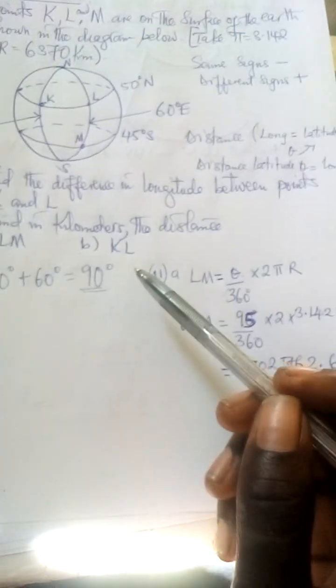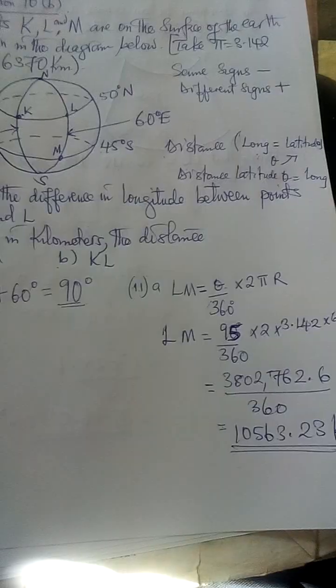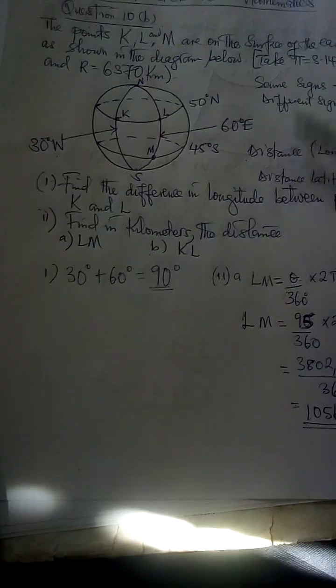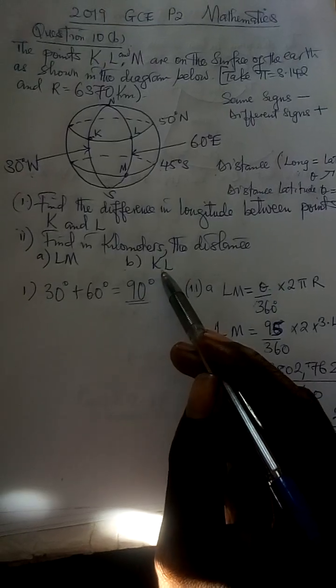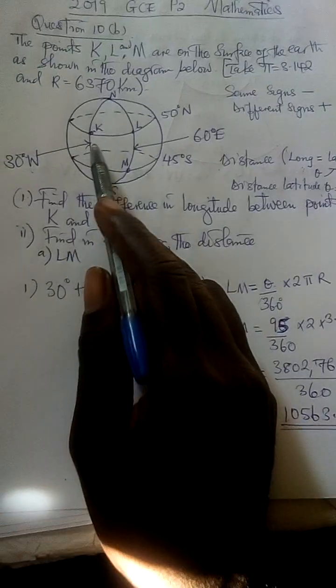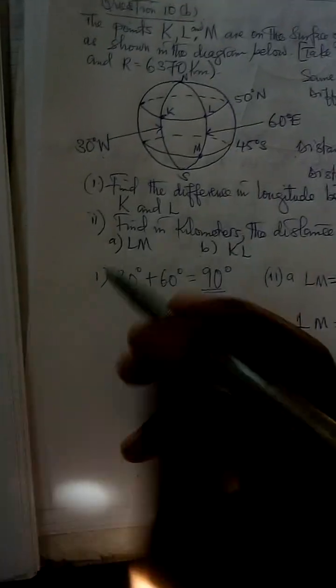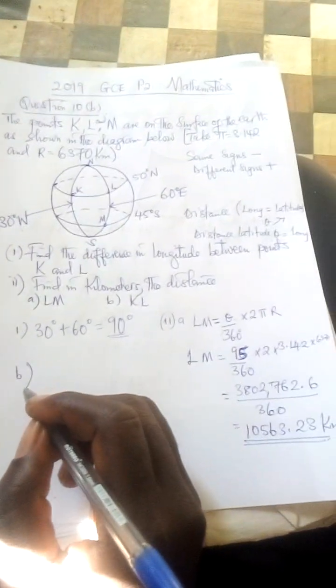Then we have another; this situation was distance along the longitude. Under the same question, they are now asking us to find the distance along the latitude, which is KL.